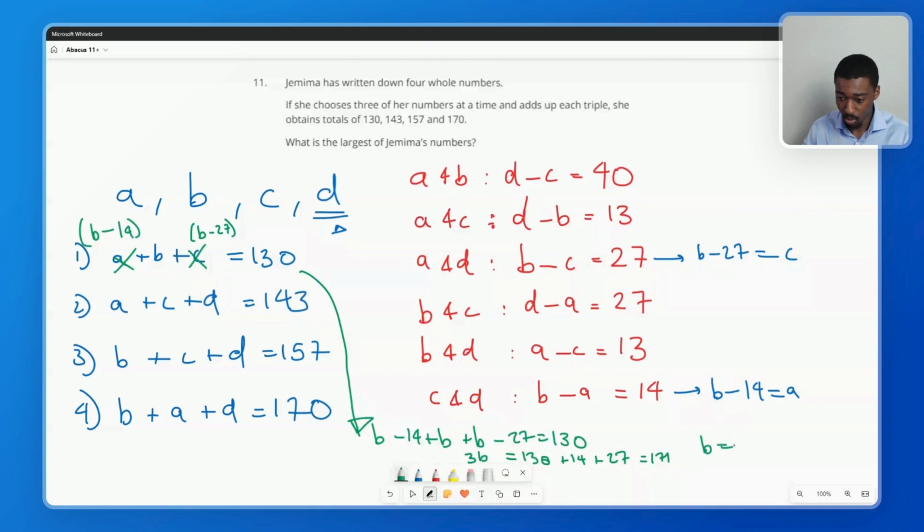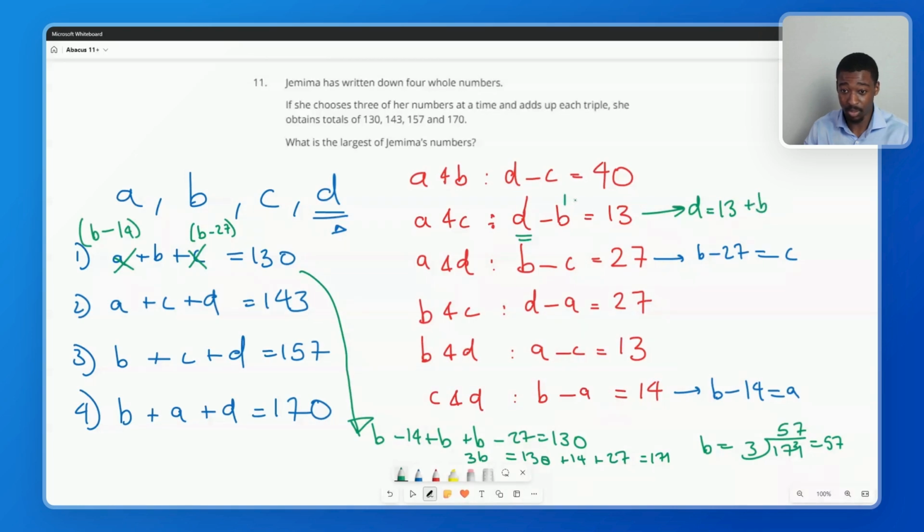B equals 171 divided by 3. Now, 3 into 17 is 5, carry the 2. 3 into 21 is 7, so B equals 57. And now we should be able to work out our magic number D, because if B is 57, first of all, we can rearrange this equation because D equals 13 plus B, right?